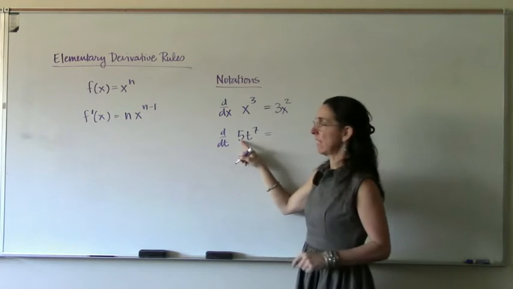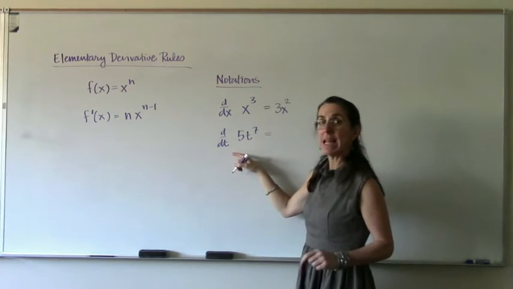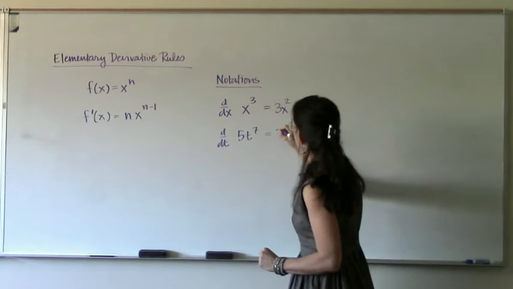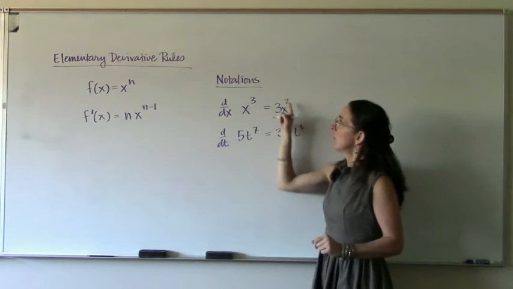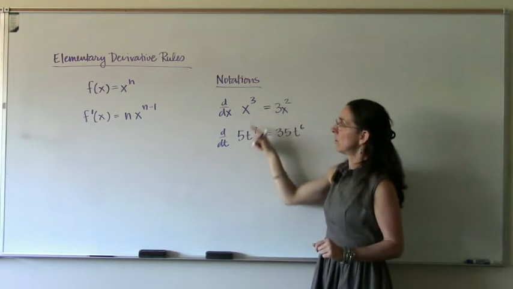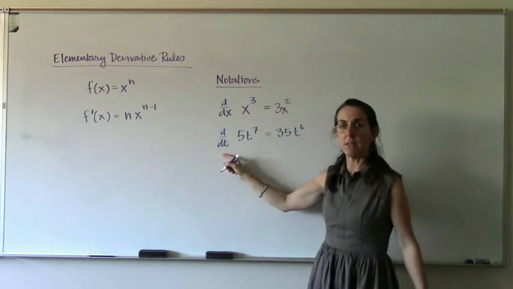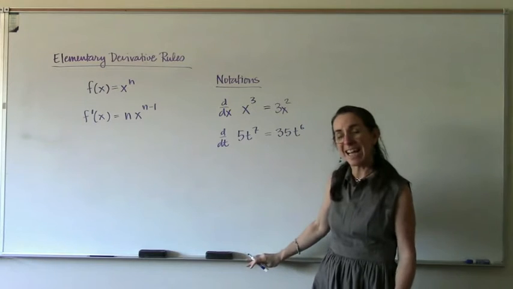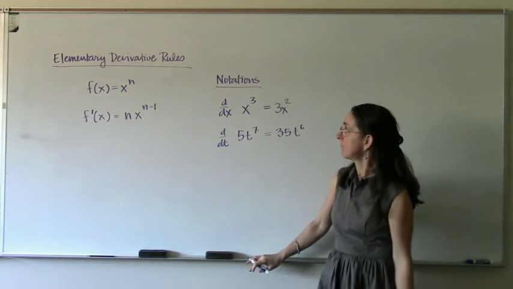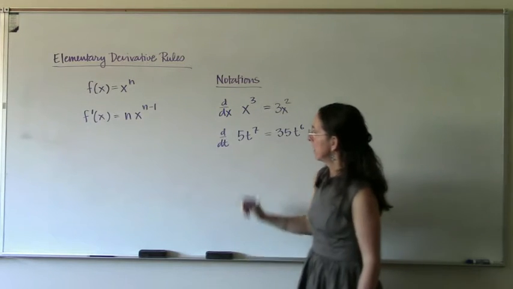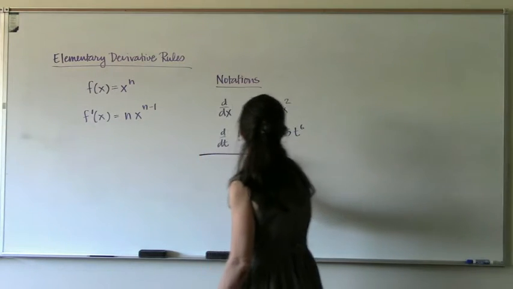Well, the 7 brought down to the front would give you 7 times 5, which is 35, so 35t to the 6th. So we're talking about the power rule, but also this alternate way to write the act of differentiation. That's one thing I wanted to be sure to go over with you.